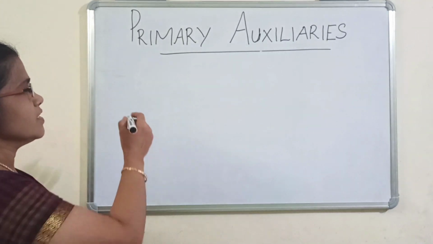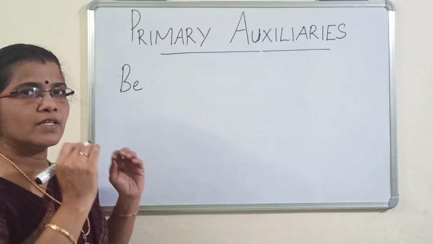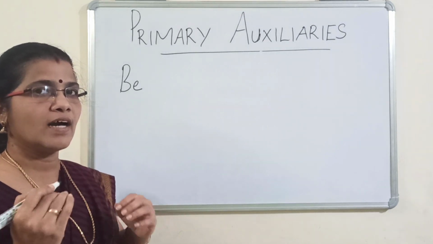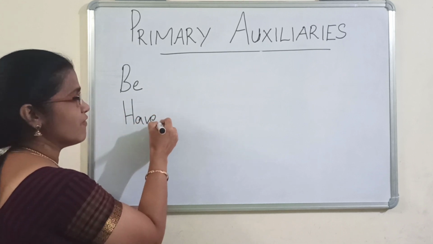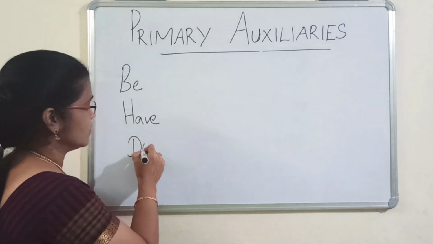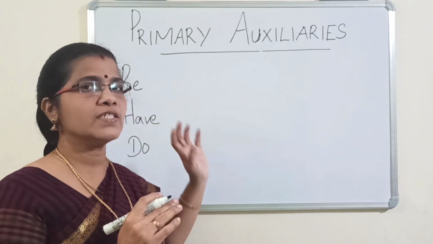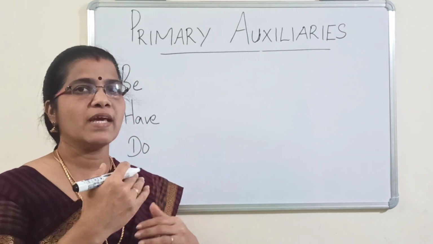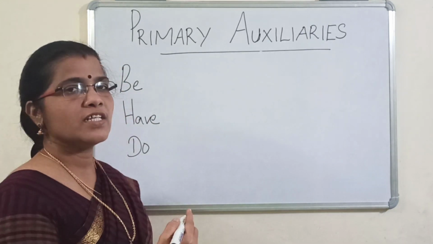To remember very easily, let's just think about the root form from where we get the other forms. The first one is be. The second one is have. And the third one is do. Be, have and do. If you just remember these three words, you would be able to make the remaining verbs. The first one is be.